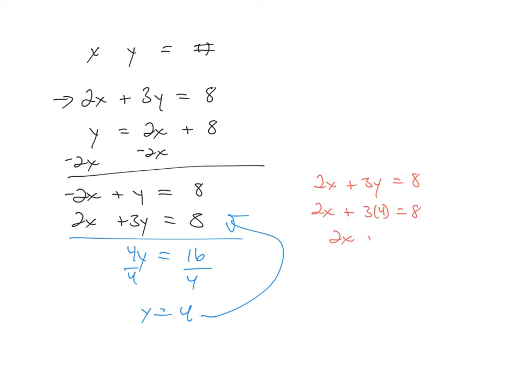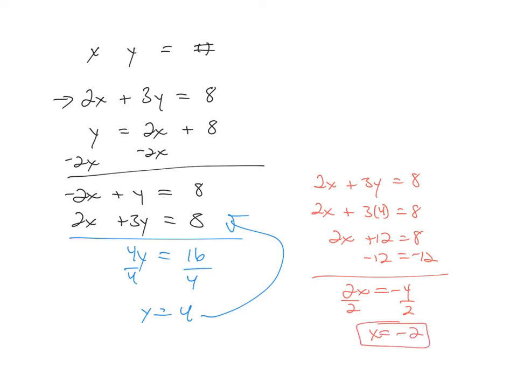So 2x plus 12 equals 8. 2x equals negative 4, and x equals negative 2.